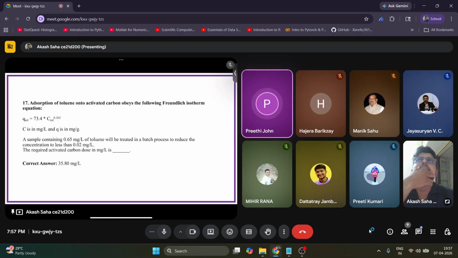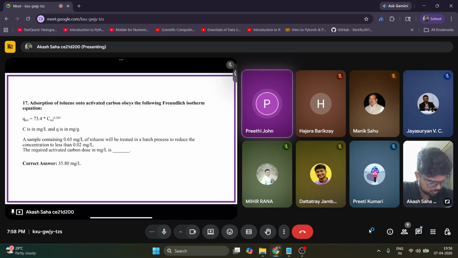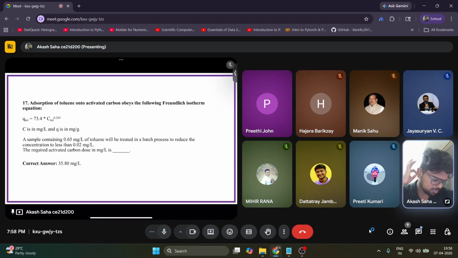We will have a nonlinear equation, or how is it? Okay, let me check if some question is there. After framing the question only we can see. You are asking that there will be more unknowns, right? C to the power of 0.365. Okay, you are asking that the power thing will cause a problem.